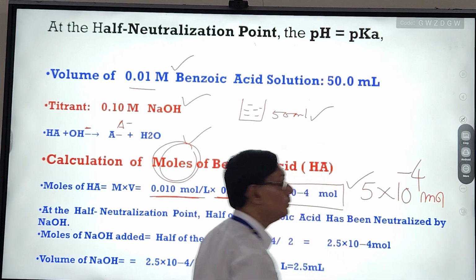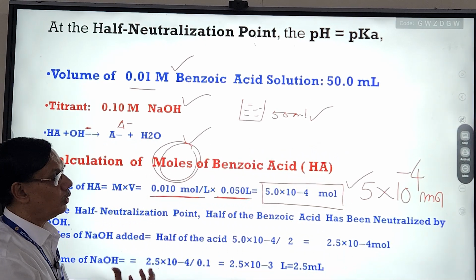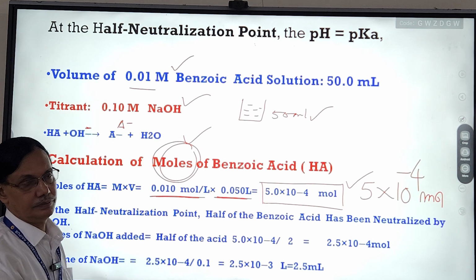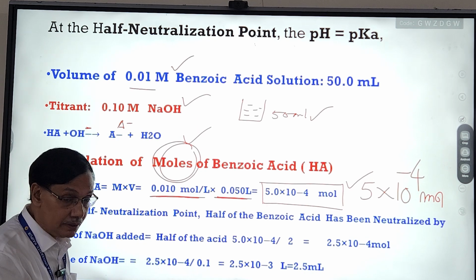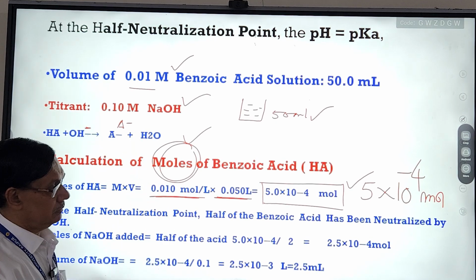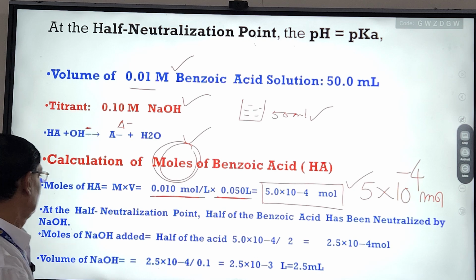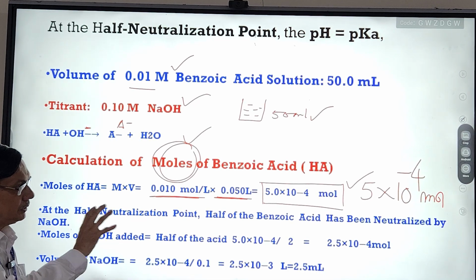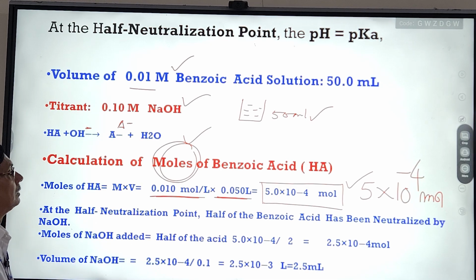I can also calculate the volume of sodium hydroxide required for 50% neutralization. At the half neutralization point, half of the benzoic acid has been neutralized by that sodium hydroxide.